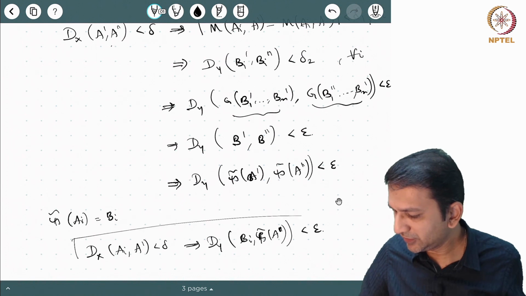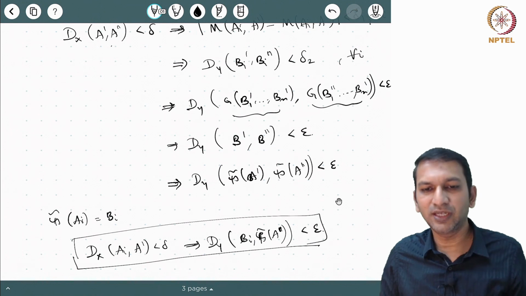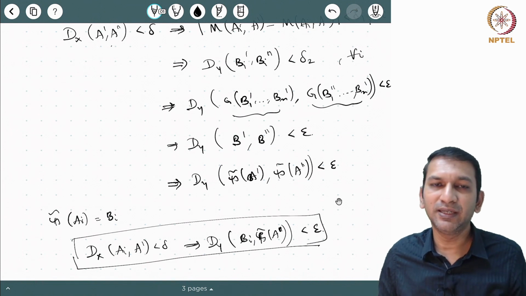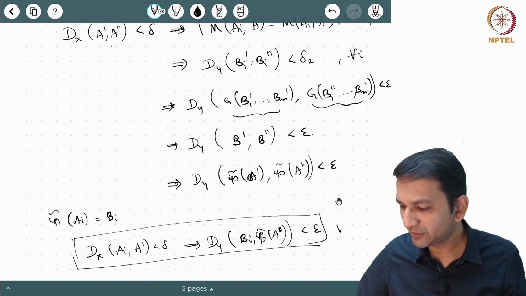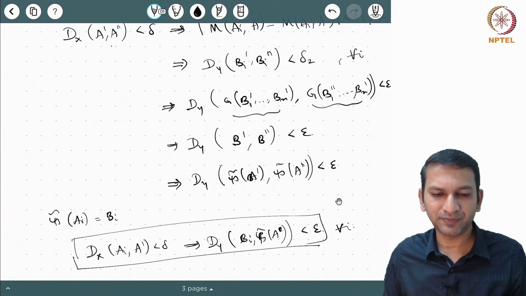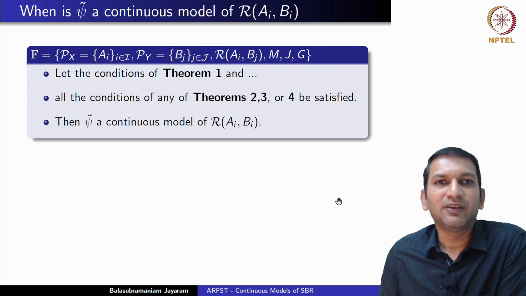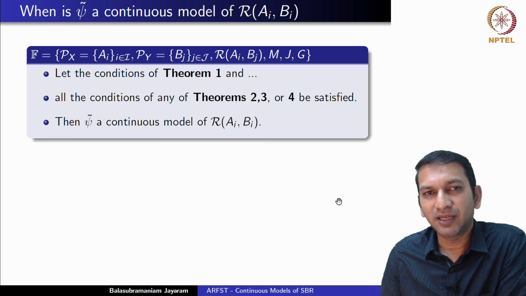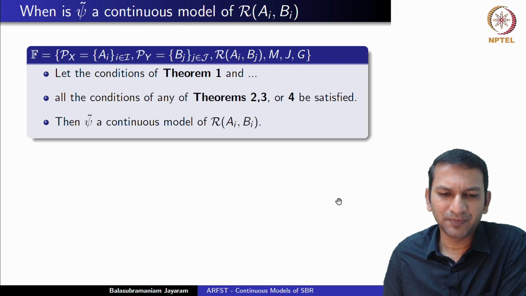This is essentially the condition that we need to satisfy for psi tilde to be a continuous model of the given rule base, of course, for every i that we have there. So putting all of them together, we see that we can talk about when an SBR is a continuous model of a given rule base.